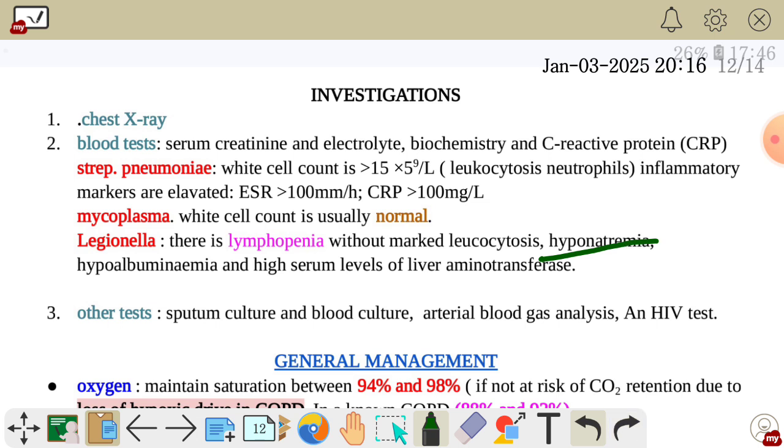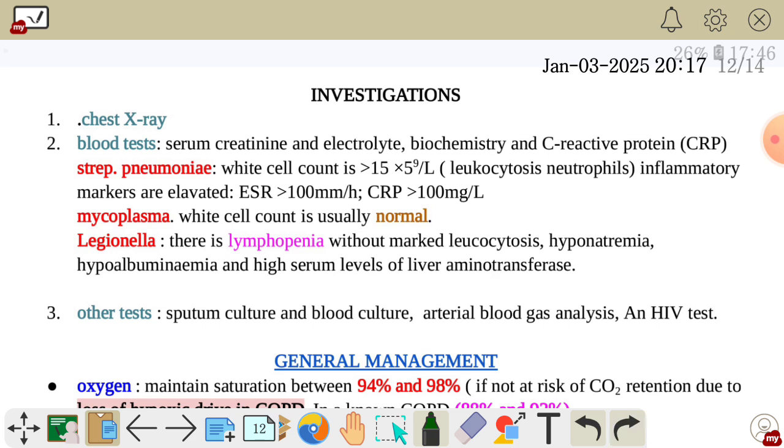Then we are going to have hyponatremia, so sodium concentration levels are reduced, and hypoalbuminemia, so the protein albumin in the blood will also reduce. Then we'll have high serum levels of liver aminotransferase, a liver enzyme, so we are going to have elevation of this enzyme.